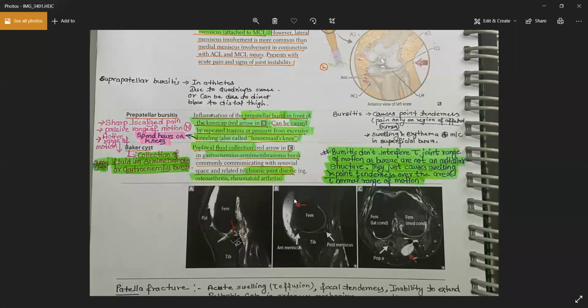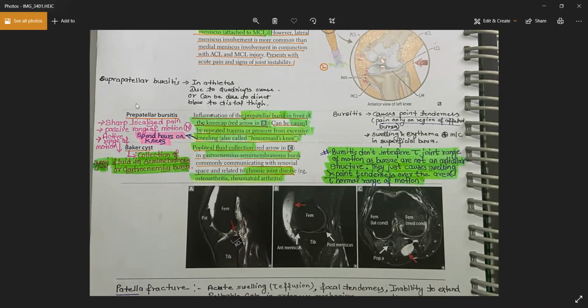This inflammation of my prepatellar bursa is known as bursitis. It has happened because of kneeling, so it is generally seen in housemaids or gardeners who spend most of their time on their knees. So step one will always give you a history of a patient who spent many hours on his knees, and now he's having this knee pain.